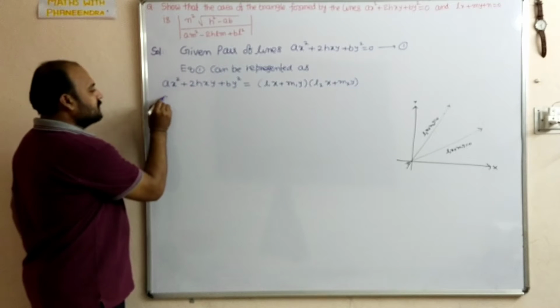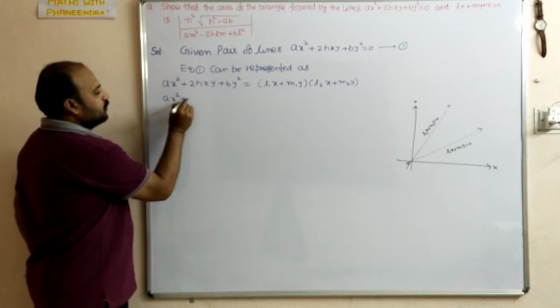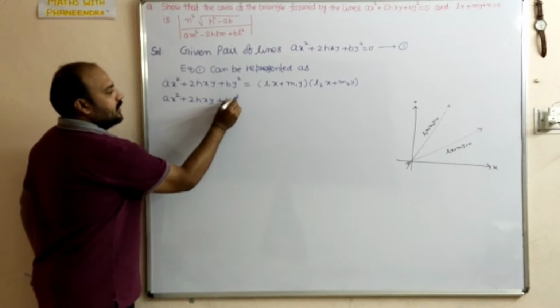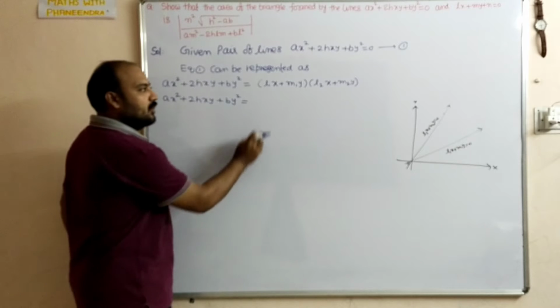So now ax square plus 2hxy plus by square is equal to the actual multiplication.